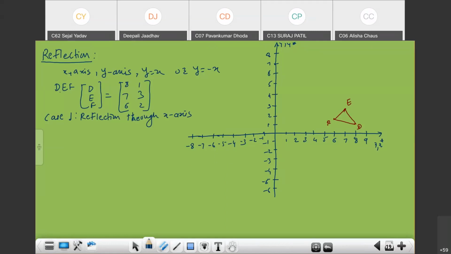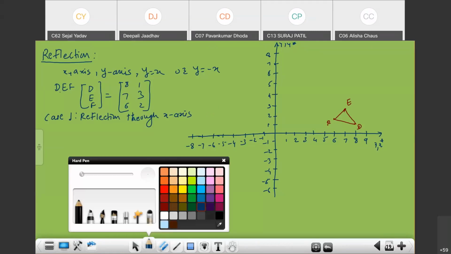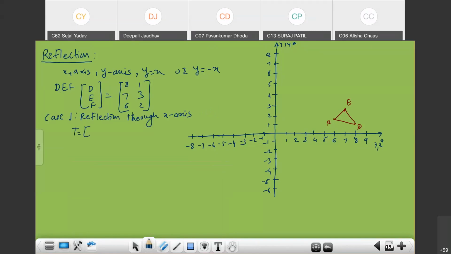For that, the transformation matrix T is 1 0 0 minus 1. If I write it as A, B, C, D, the off diagonals are 0 and in the diagonal A is 1 and D is minus 1.